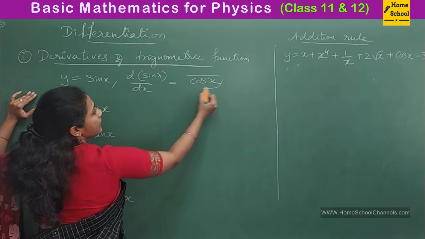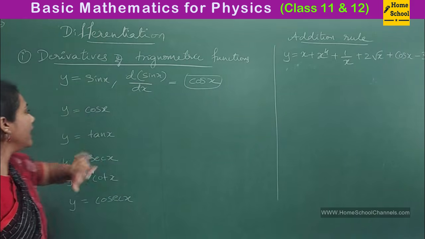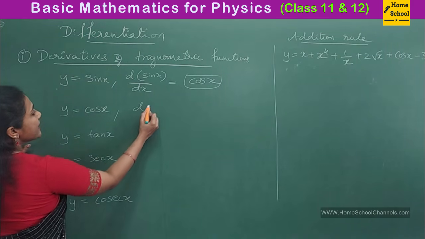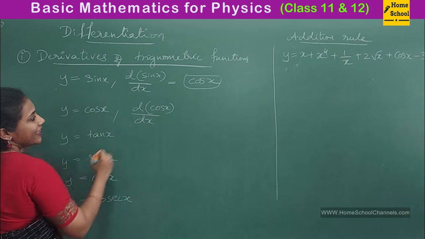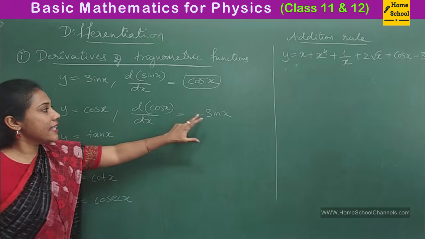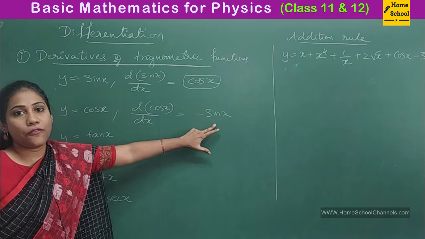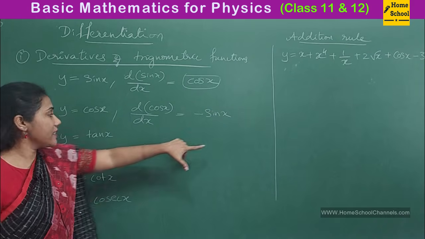Differentiation of sine x is cos x. Similarly, differentiation of cos x by dx is equal to minus sine x. This is a formula: differentiation of cos x is always equal to minus sine x.